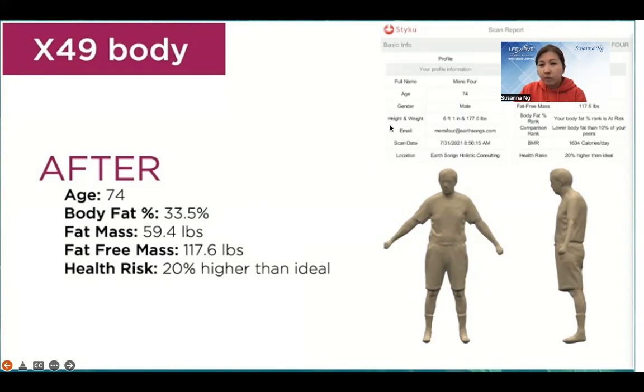So within 1 month, this old man actually had a big change in his body, and his health rate also reduced.